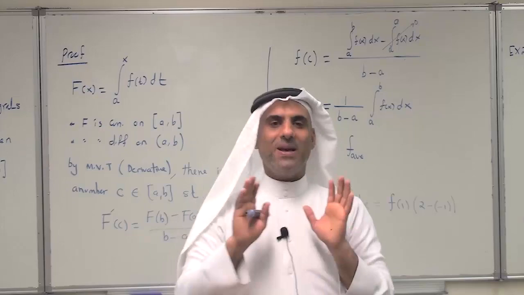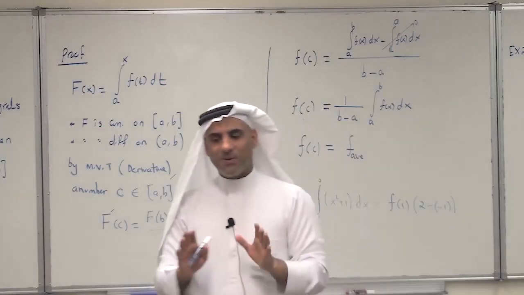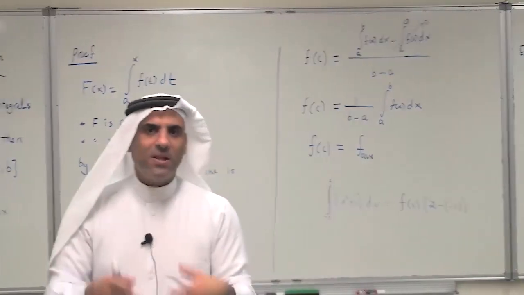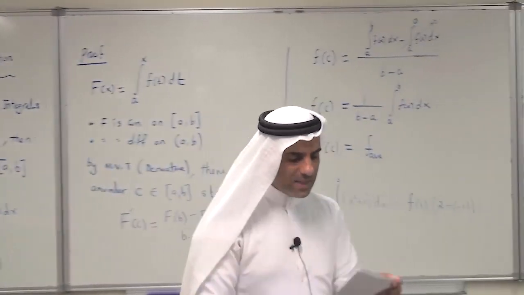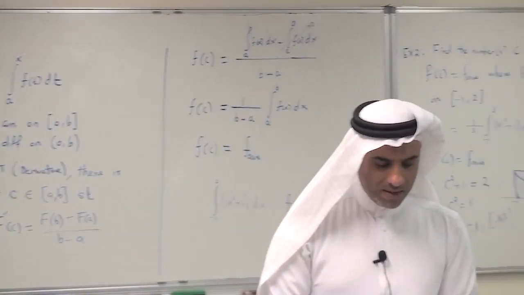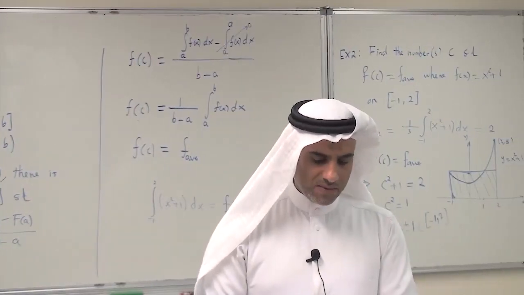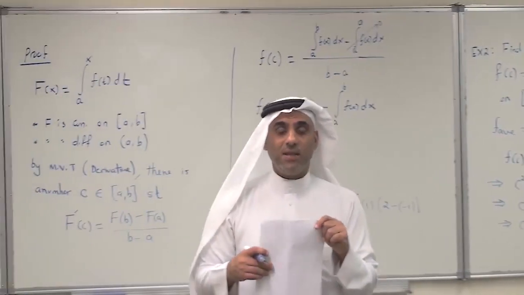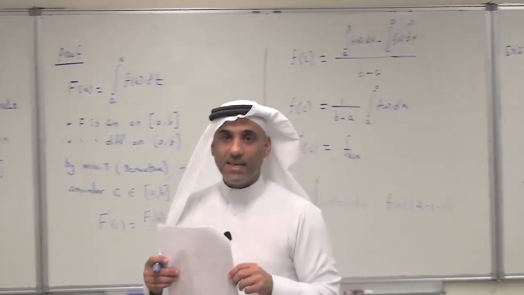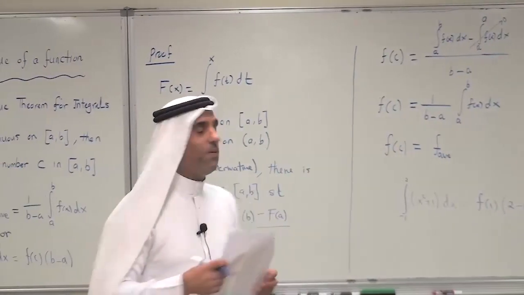That is simply the mean value theorem for integrals. We will see more exercises about this idea, the mean value theorem and what we call the average value of the function. So we will see another exercise about the mean value theorem for integrals and the average of the function now.